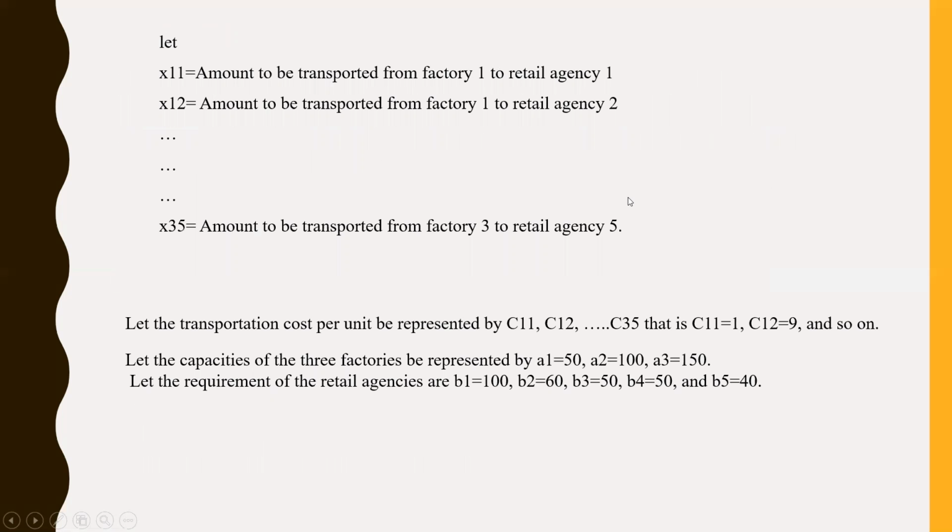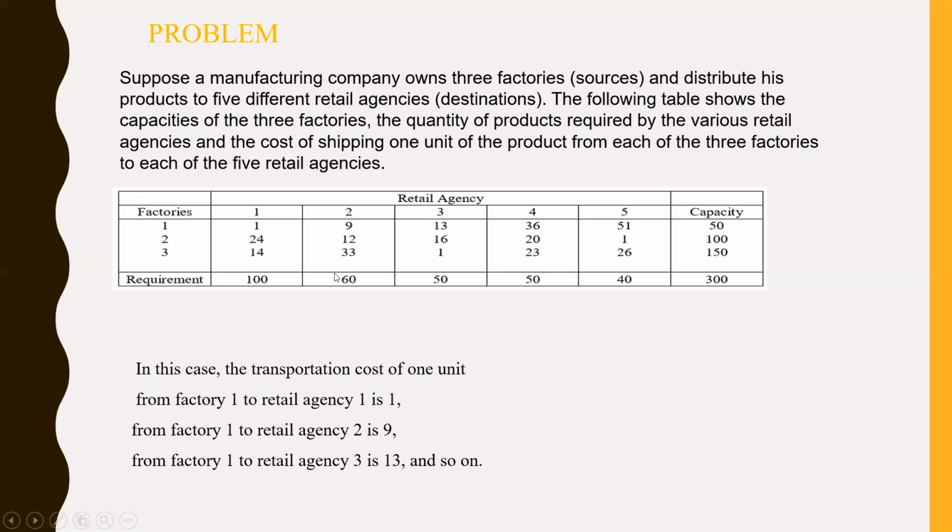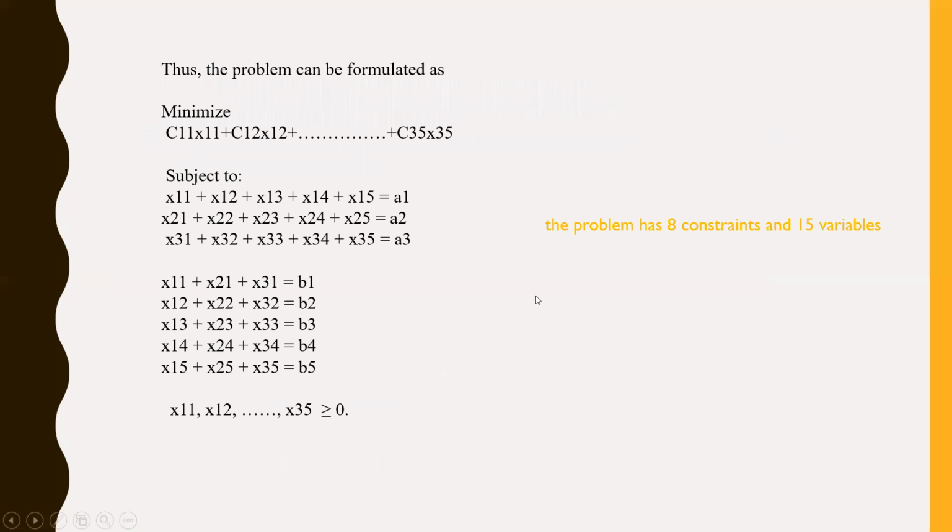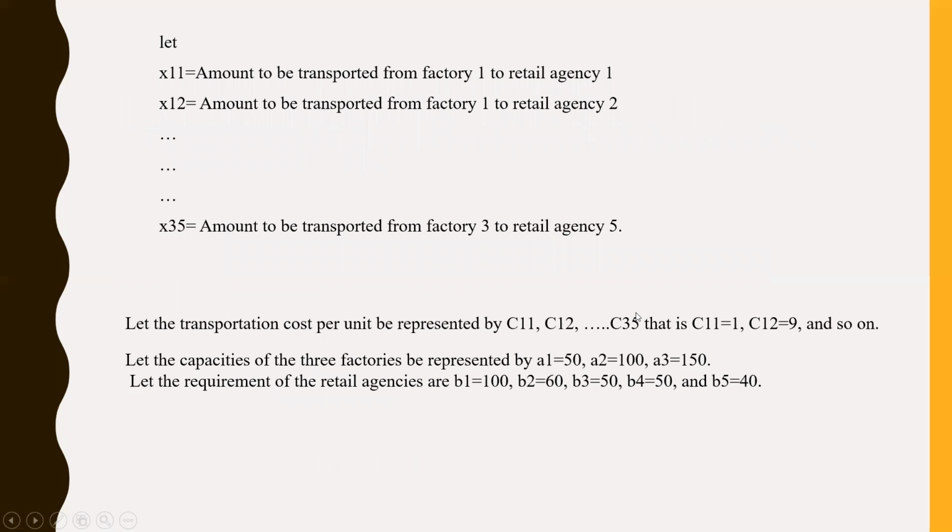Then let the transportation cost per unit be represented by C11, C12, C13, C14 till C35, that is C11 equals 1, C12 equals 9, C13 equals 13, C14 equals 36, C15 equals 51, and so on till C35, which equals 26.